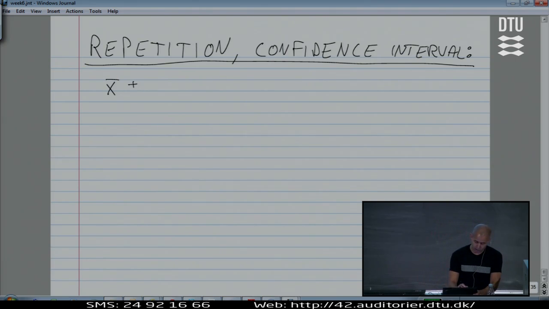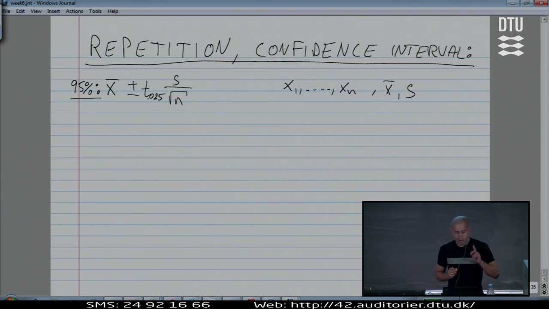And specifically what we do is that we compute the standard deviation of the same numbers. So we would have some numbers. We would have computed the mean and the standard deviation. Let me take a specific case, the 95% confidence interval. I take the average plus minus the maximal error, as we called it.